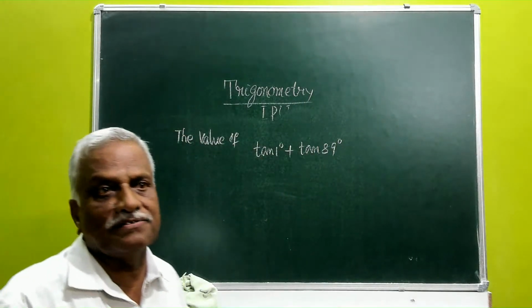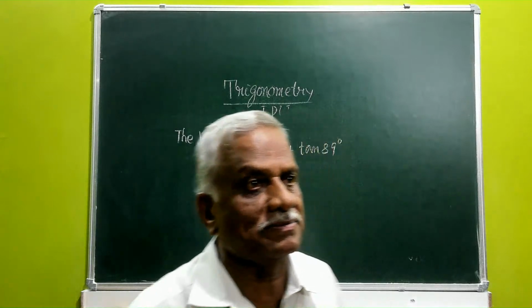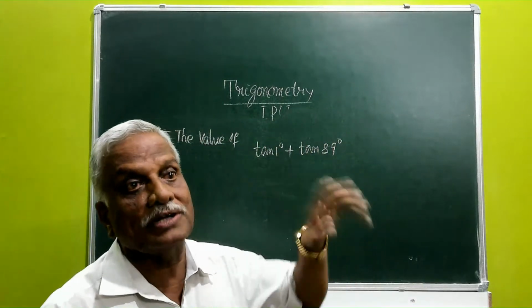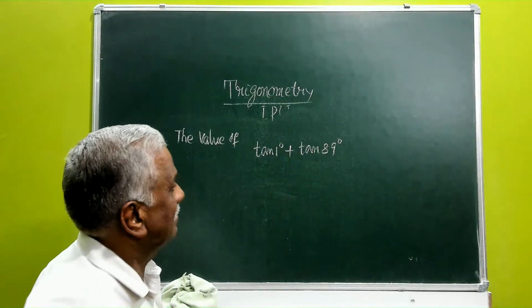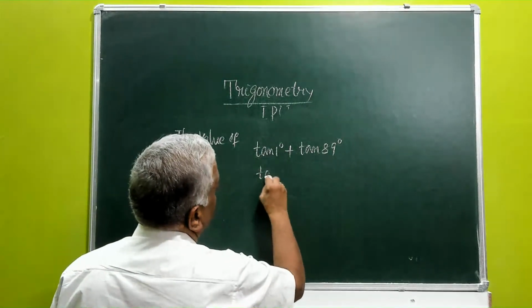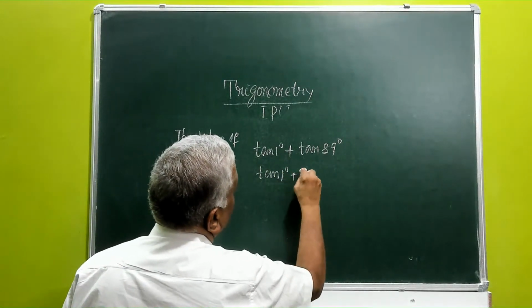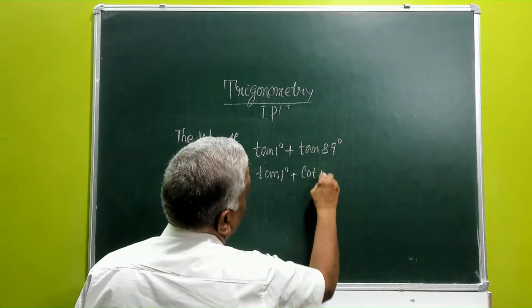The main reason that we are going to work the previous year's paper is so you'll understand how to work this. They have given tan 89 degrees, but you should remember tan 89 degrees is nothing but cot 1 degrees.